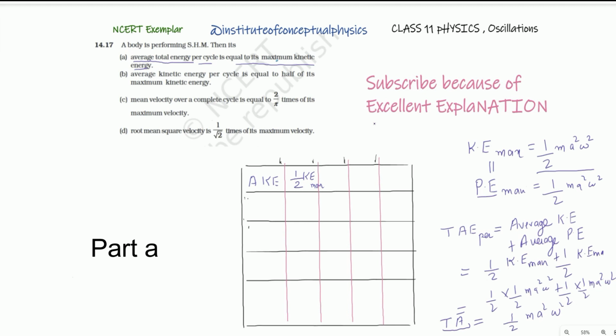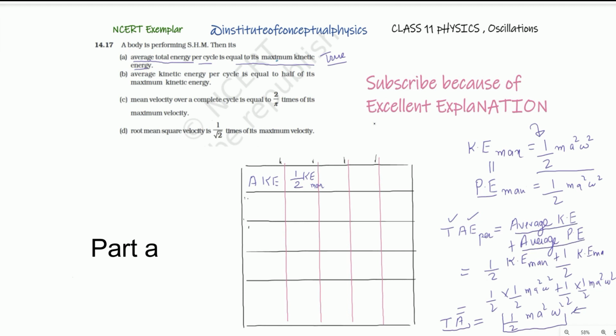Now if you see this total average energy, TAE, what is it? If you see the kinetic energy maximum and you see the total average energy, they come out to be the same. So the first answer is true, right? How did we do that? We calculated the total average energy, which is the sum of average kinetic energy and average potential energy.